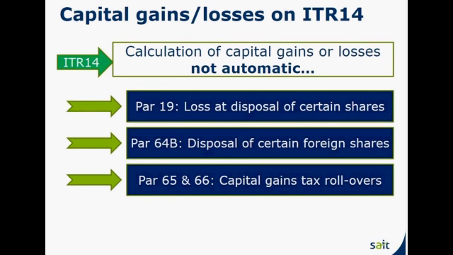Paragraph 64B, if a person disposes of shares held in a foreign company and that person holds more than 10%, and a few other requirements must be met, you could apply for an exemption from capital gains tax on the disposal of those foreign shares.